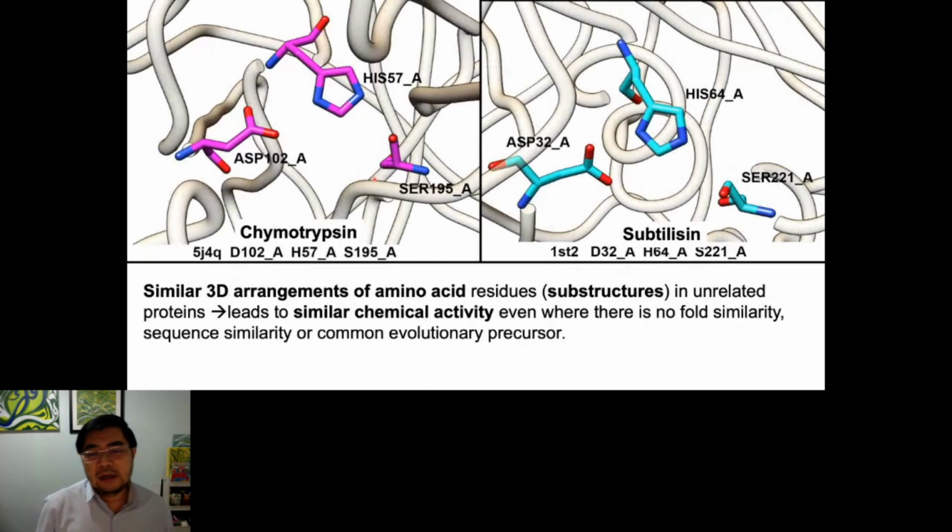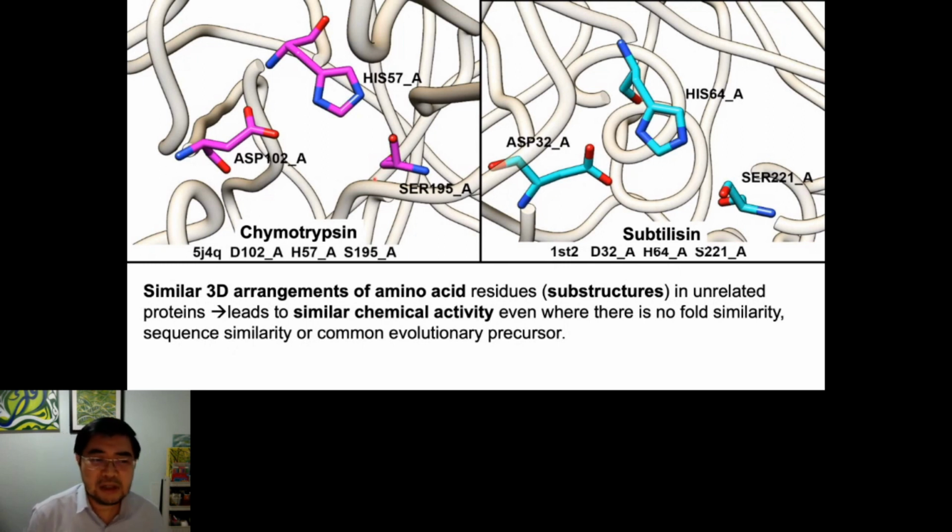Okay. A good example of this, and I'm going to use a very simple example, is the serine protease catalytic triad that we can find in two unrelated proteins, chymotrypsin and subtilisin. In this particular case, on the left of the screen you can see the catalytic triad in chymotrypsin, and on the right you can see the one from subtilisin.